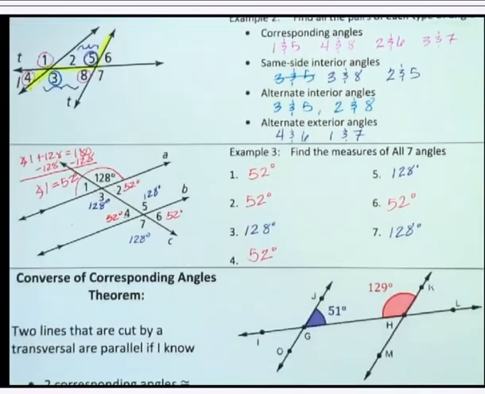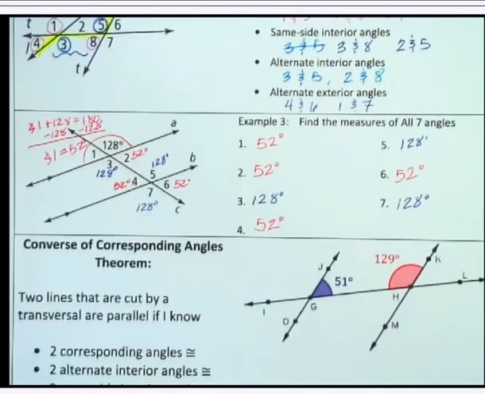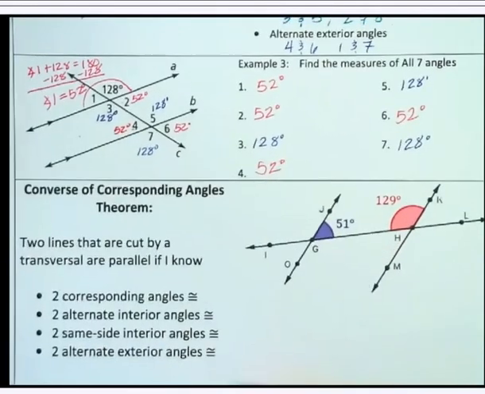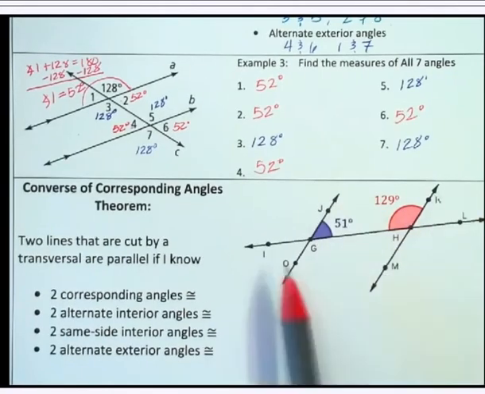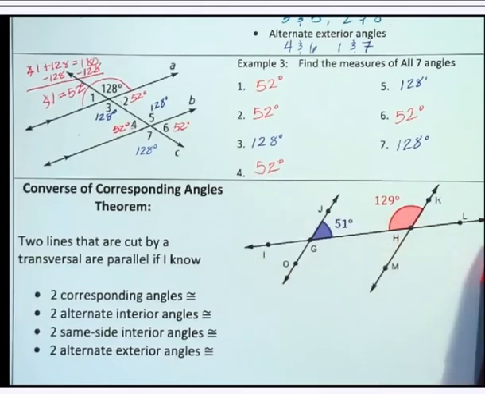Okay, there's just one last piece that I need to show you. The converse of the corresponding angles theorem. Okay, the converse of that. So two lines, JO and KM, that are cut by a transversal, so this is the transversal, are parallel if I can say all these other things, okay?